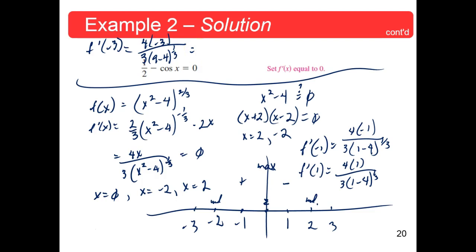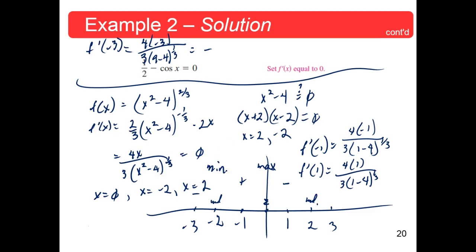What do we have there? Negative over positive, that's going to be negative. So over here we're negative. So we're negative coming down to a -2 where we have an undefined slope, and then we're positive on the other side of it. So that basically looks like it's going to be a cusp there. What kind of extrema will that be? A minimum. Okay, so this is a minimum here.